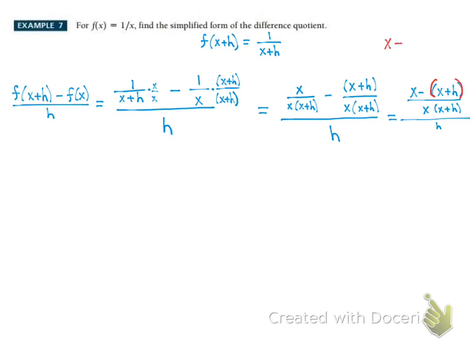It's a very common mistake to just write this as x minus x plus h and forget those parentheses. So that would be a mistake. And if you did that, you would just end up with h. But as you can see, we should end up with negative h here because this negative sign will be distributed to x and to the h. So just be careful, make sure you include those parentheses.